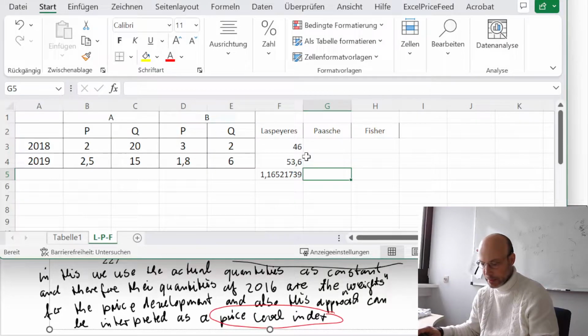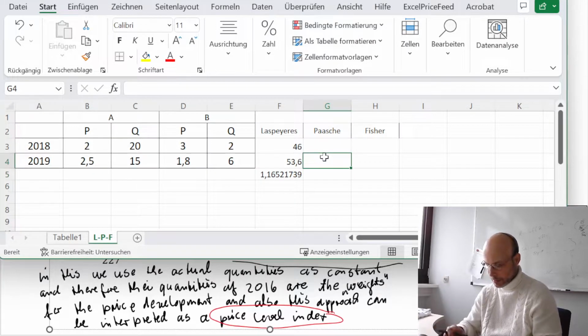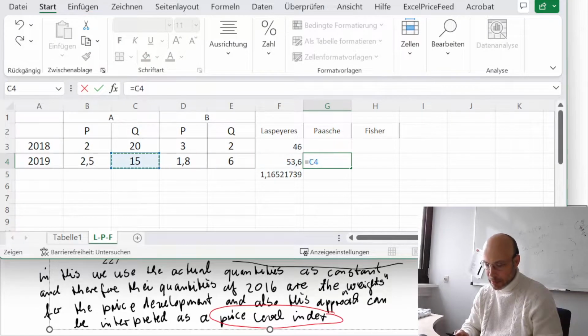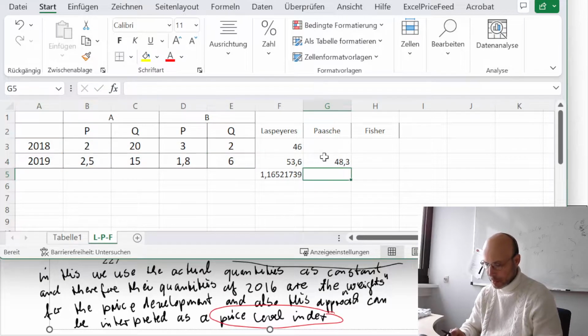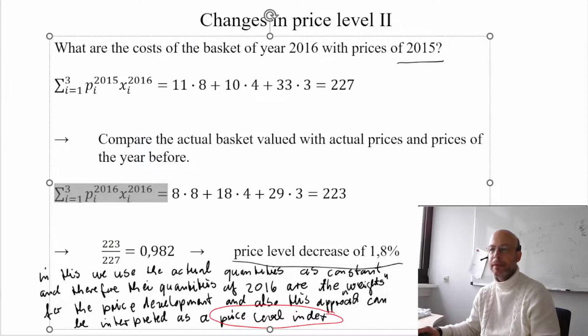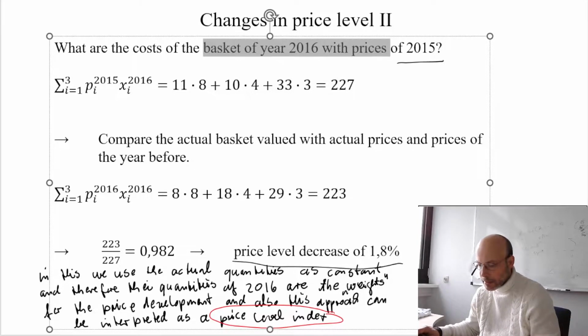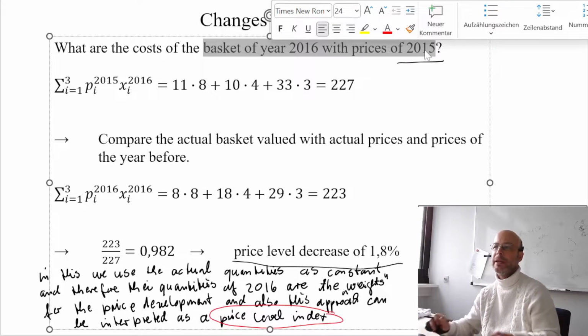So in this case, we take here 2.5 times 15 plus 1.8 times 6, and here we take then the quantities of today, where we have it, that you see it, times the prices of the former year, so just the other way around.